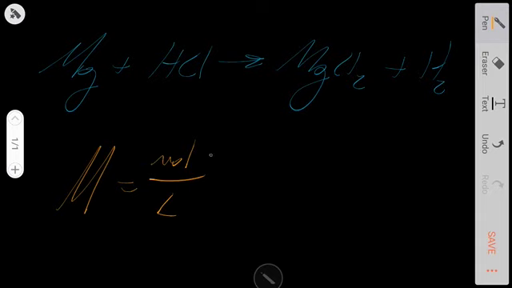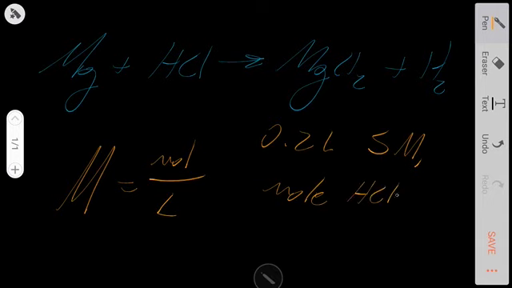And if I'm given molarity in a question, so if you have 0.2 liters of a solution that has a concentration of 5 molar, how many moles of HCl are needed to make such a thing?